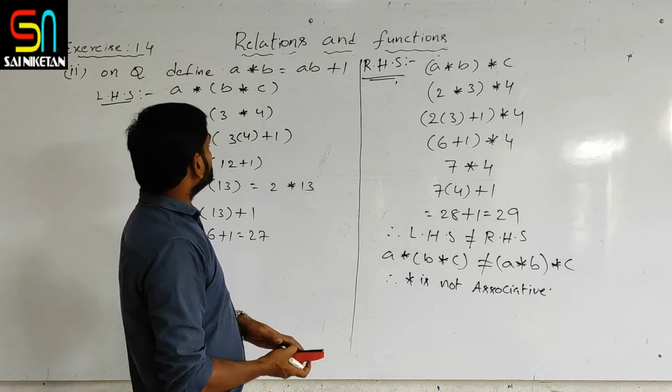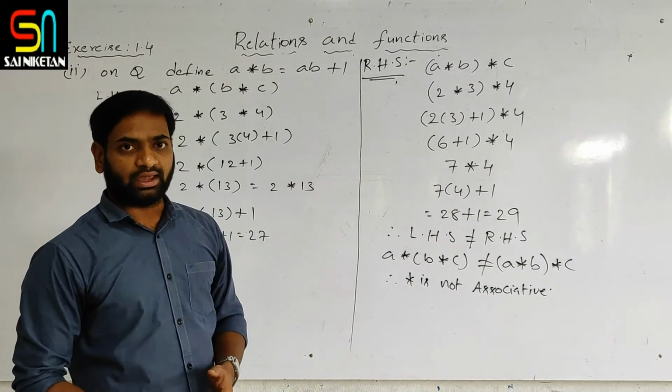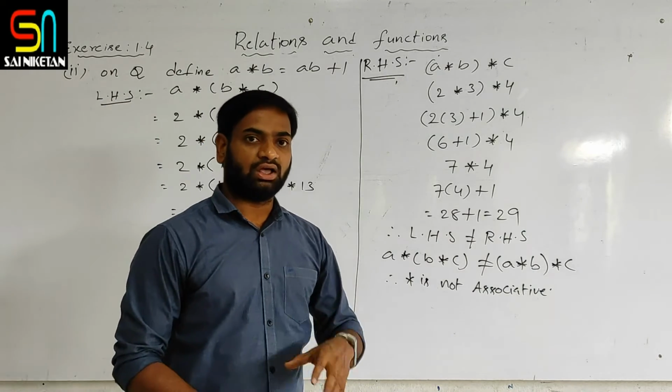So this A star B equal to AB plus 1 is a binary operation and commutative but not associative.